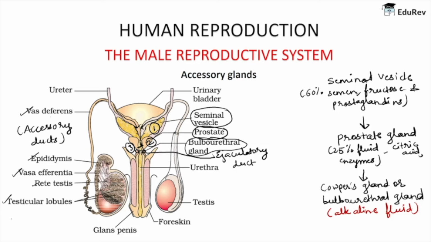So this alkaline fluid released by the bulbourethral gland or Cowper's gland helps in providing a suitable environment for sperm to survive inside the vagina of a female. Yes, I will write it down here. It helps in the survival of sperms.